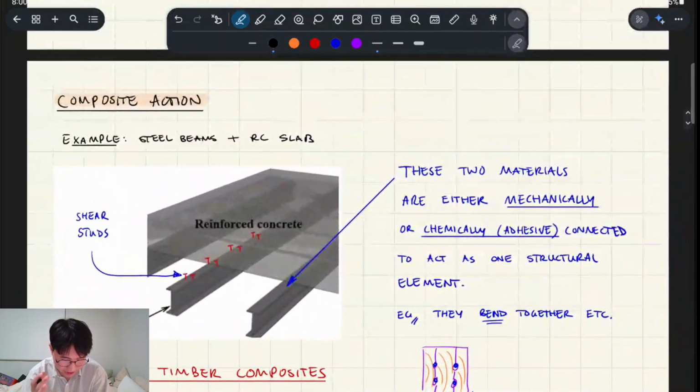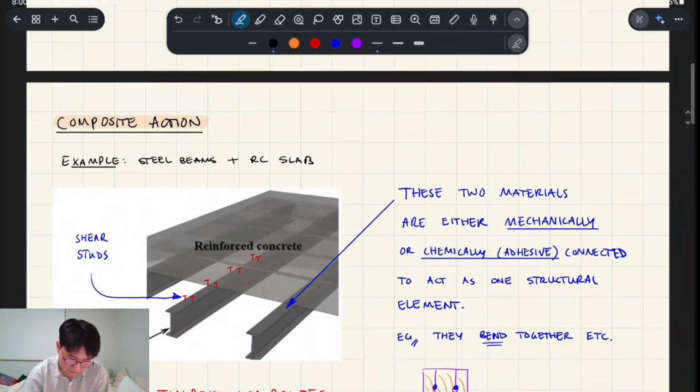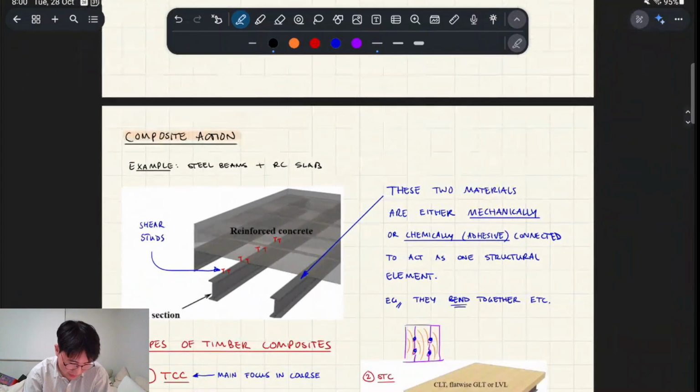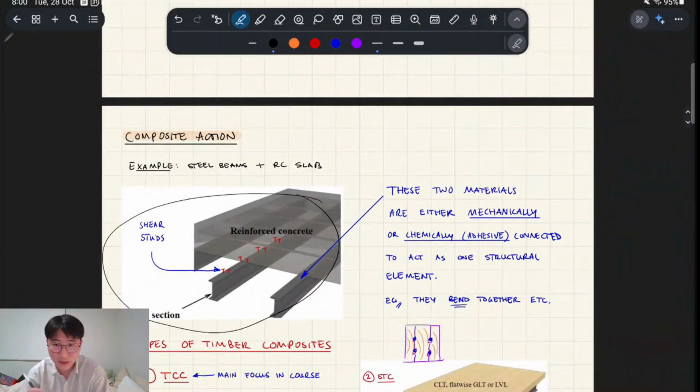In terms of composite action, here I've provided an example that doesn't involve timber. What's fairly commonly used in industry is steel. I say common, but I haven't designed anything like this personally myself, though it is relatively common, I believe.